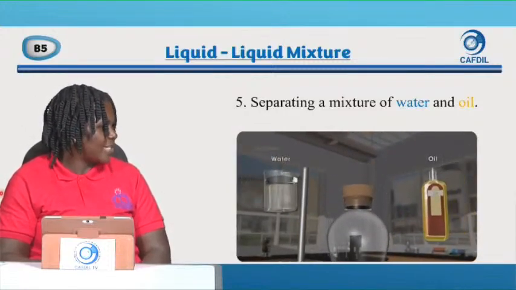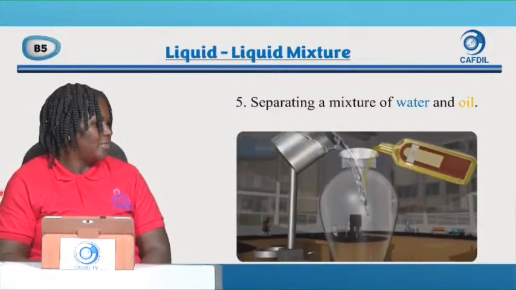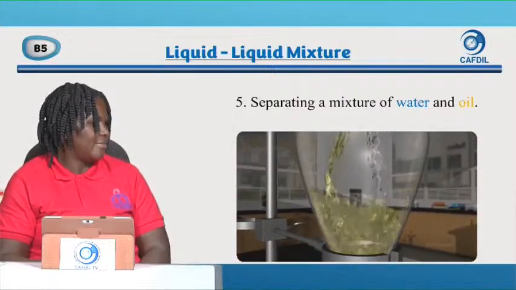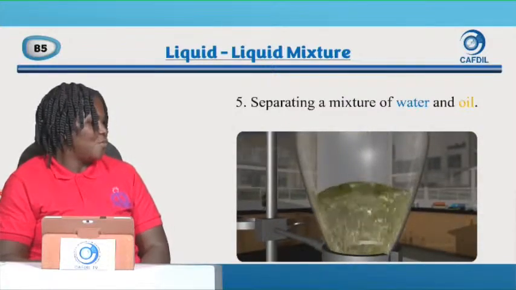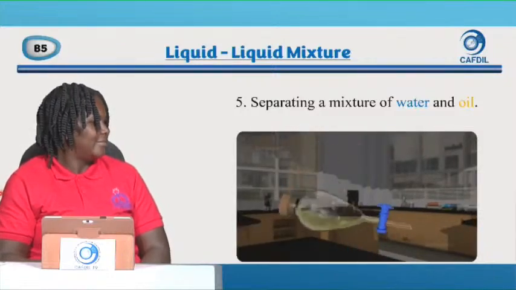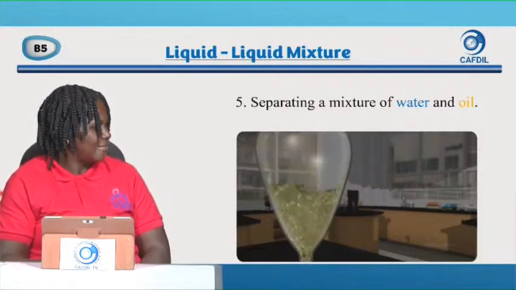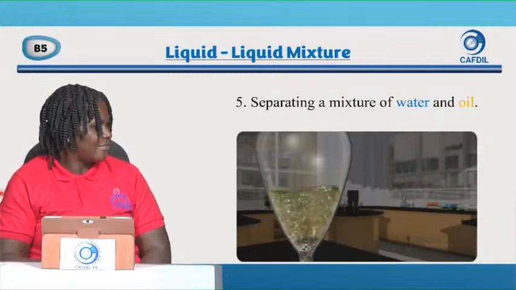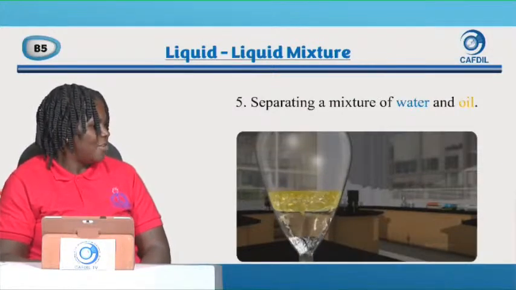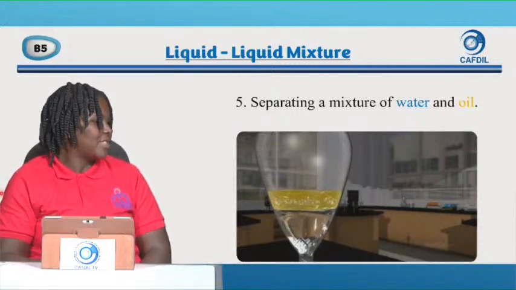Yes, we have our water and then oil being poured into the separating funnel. Make sure your tap is closed. Yes, we will pour the two liquids in and shake. You will shake it. Let's look at it. Yes, it has been done. And we leave it for some time for it to settle.